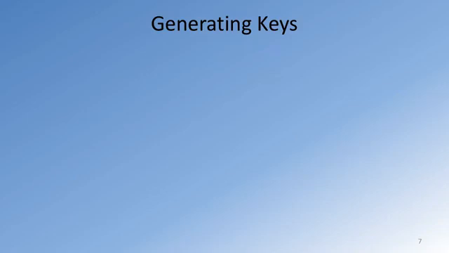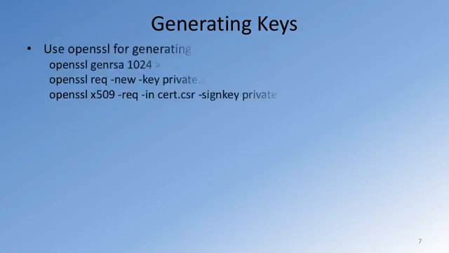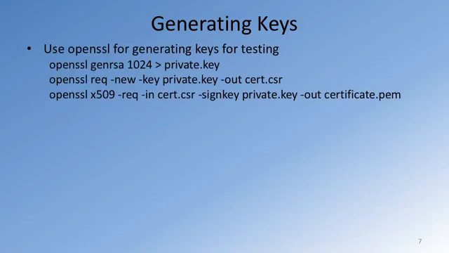So how do we use OpenSSL? You can generate keys using the 3 commands that I show you here. You execute these 3 commands in the sequence specified here, and that will help you generate a private key and a certificate that you can make available from your HTTPS server for clients to download and thereby obtain your public key for secure communication.